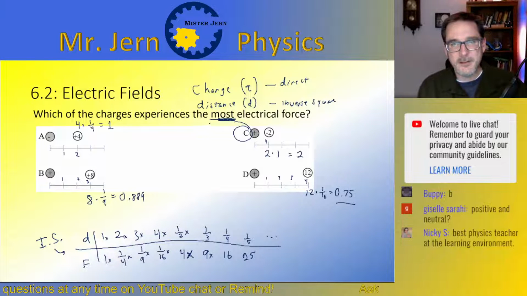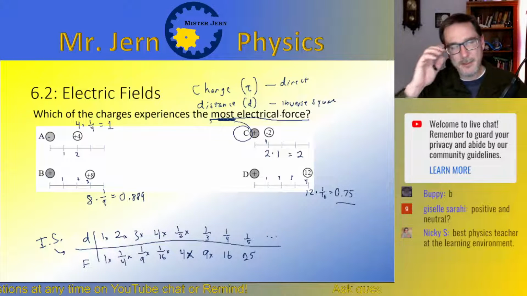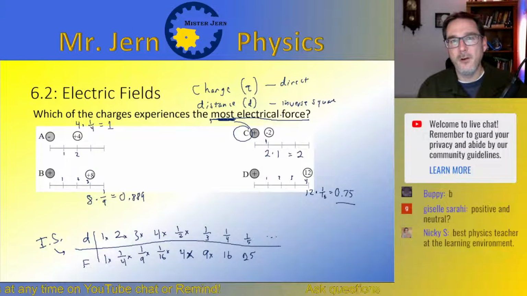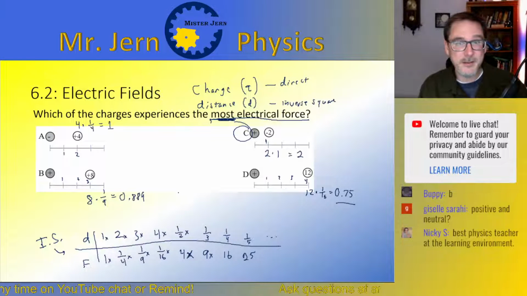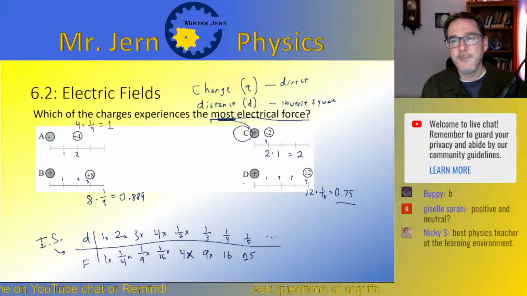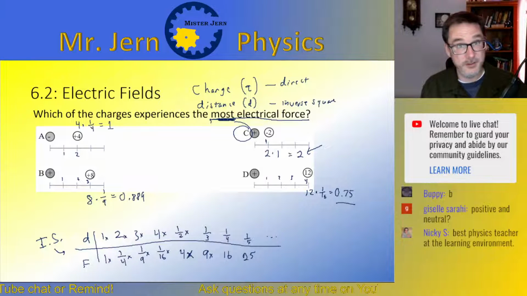You got to watch out. It just says the most electrical force, not the highest. Because if you say highest, that implies it's positive. All right. So the largest, maybe is a better way to say it, which experiences the largest electrical force. And yes, this is a -2, but it wasn't asking which direction.